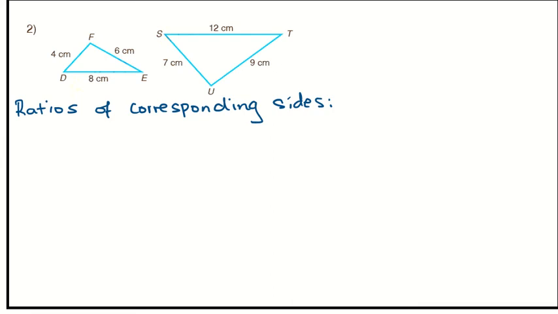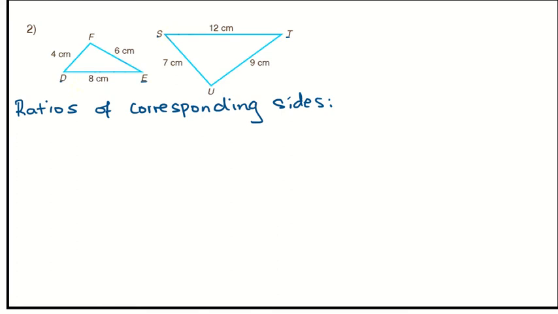So we see that side ST is the longest. So if these two triangles are similar, then side ST must be corresponding with side DE, because these are the longest sides.